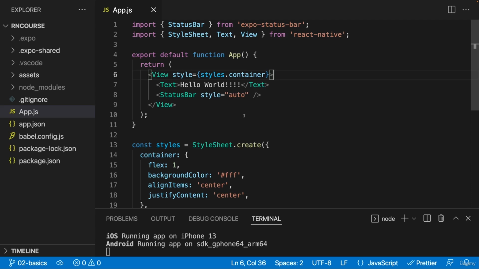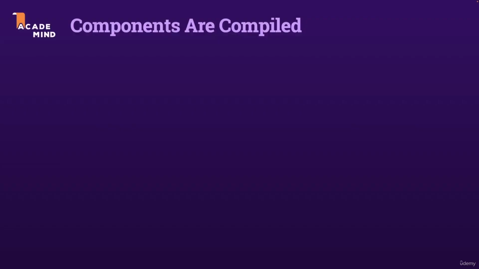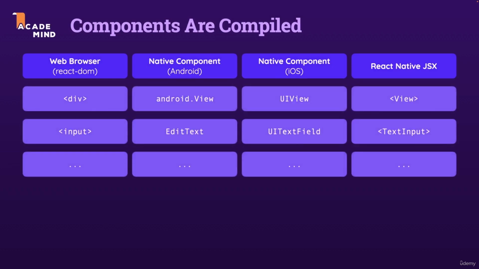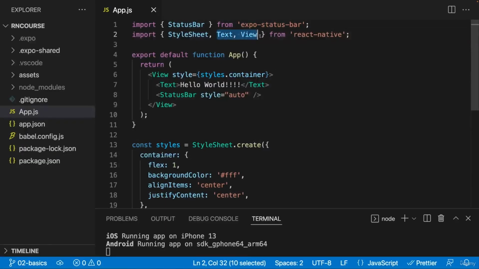They don't have that DOM and they don't support those HTML elements. Keep this slide from the first course section in mind. That is how React Native translates different elements into different native elements for Android and iOS. And that's why these components are exposed by React Native.